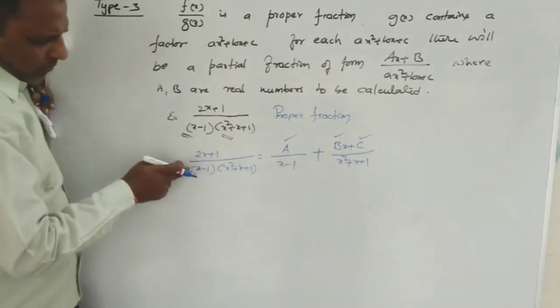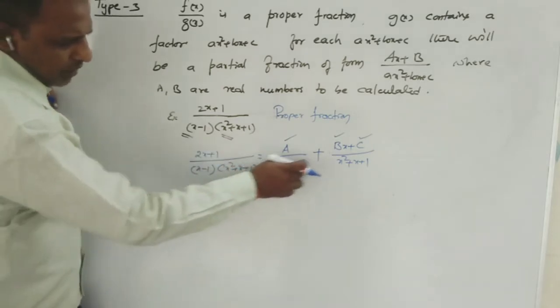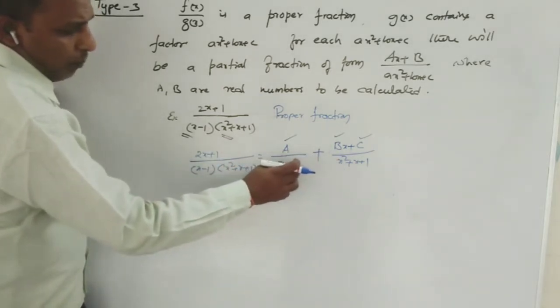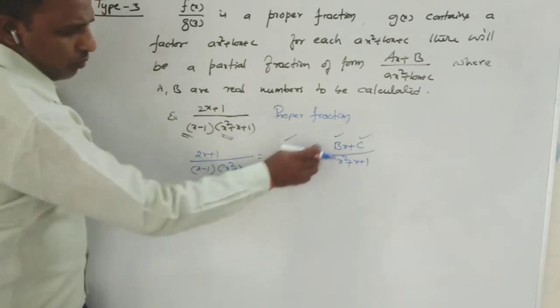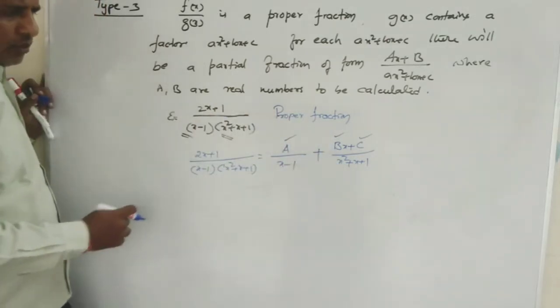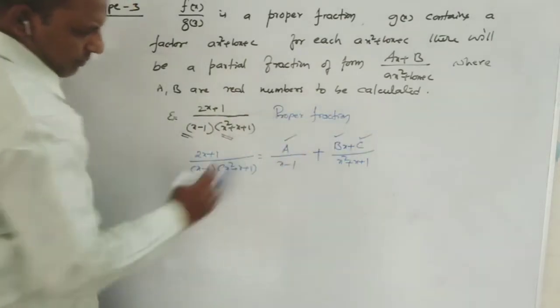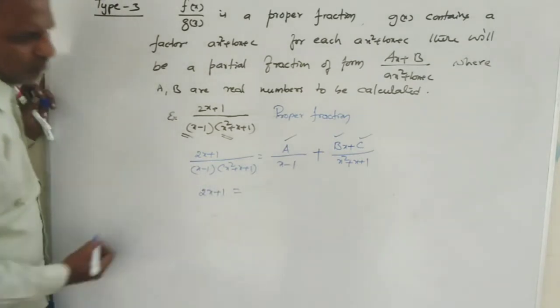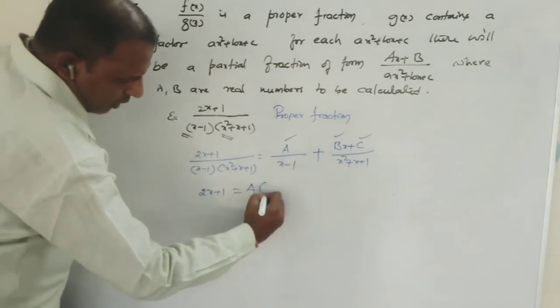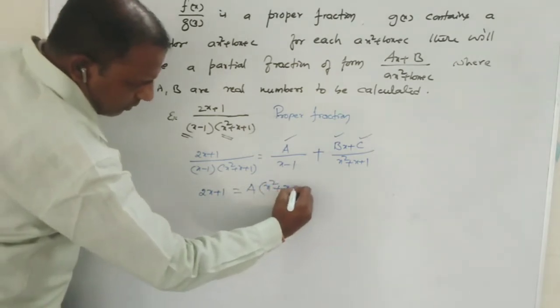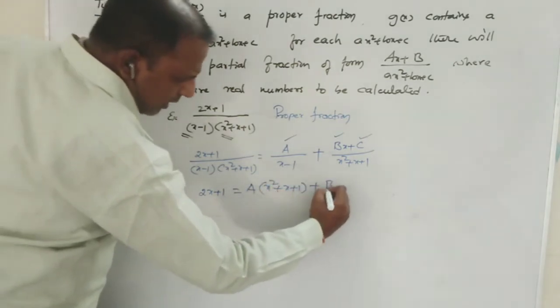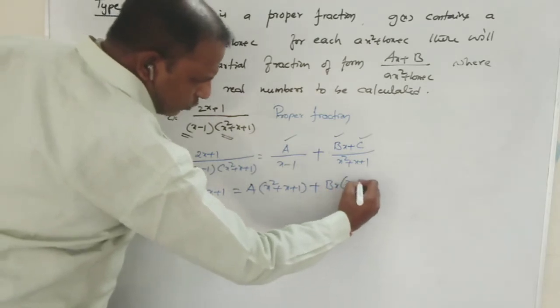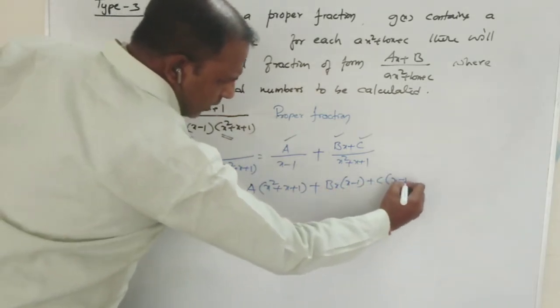This proper fraction is split into two partial fractions, two proper fractions. Here we have to calculate a, b, c. How to calculate a, b, c? Therefore 2x plus 1 is equal to a into x square plus x plus 1 plus bx into x minus 1 plus c into x minus 1.